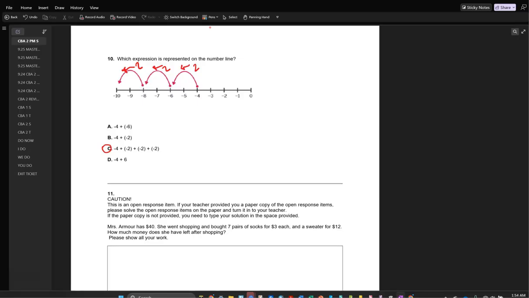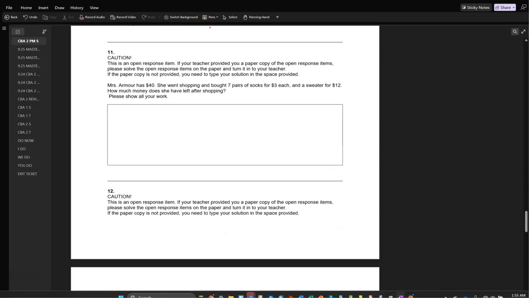Okay. B, however, is -4 go 2. That's absolutely not correct. -4 plus 6, which would have ended up on this side. So these two were definitely wrong. This one is tricky, so we can definitely have a discussion. But again, we're always looking for the most appropriate answer, and C is it. Okay. All right.